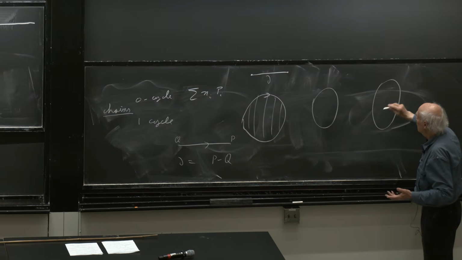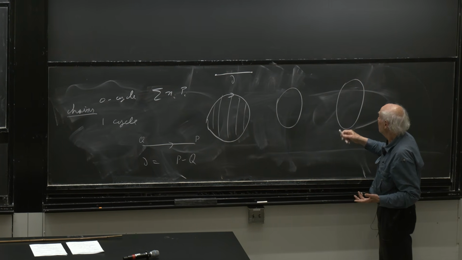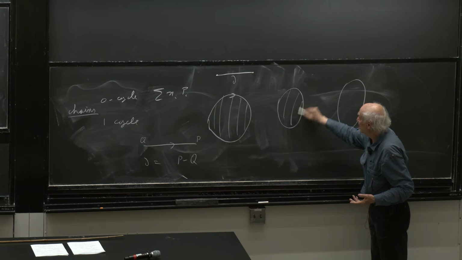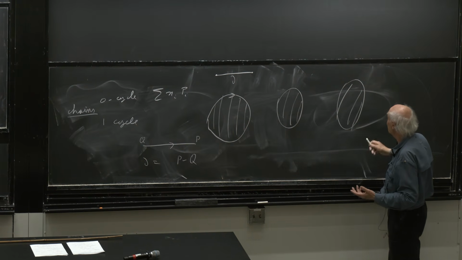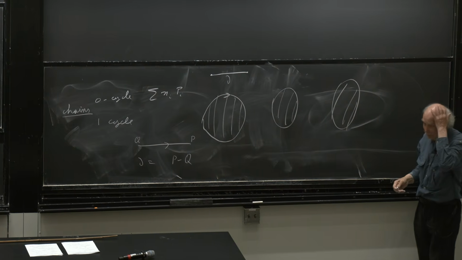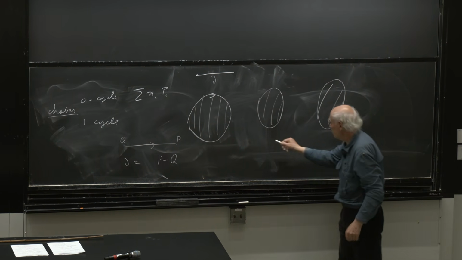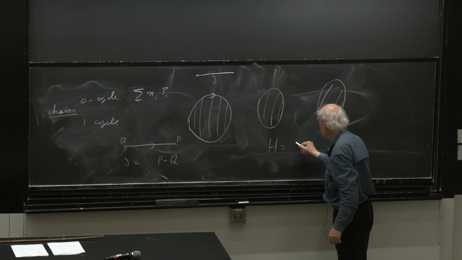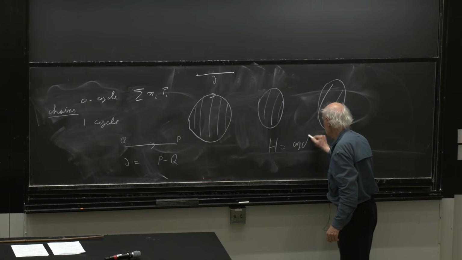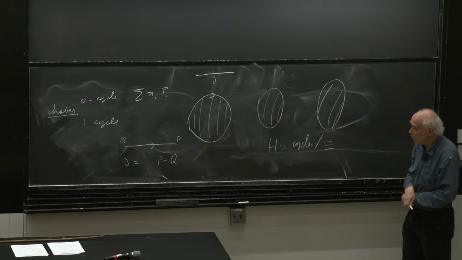For instance, in three space, if you have two circles like this, that's too easy. You can either fill it like this, or you could fill with a cylinder between the two. So you have homology equals cycles modulo this equivalence.